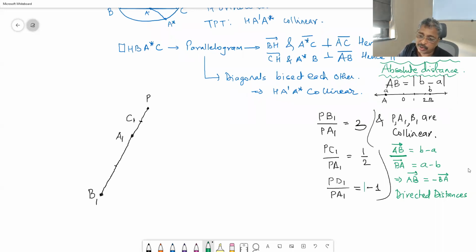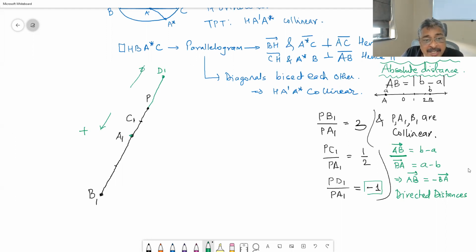And therefore directed distance AB is the opposite of directed distance BA. Therefore this ratio is very much possible because one of them is going to be negatively signed. Depending upon this direction being positive, you go in the opposite direction to search for D1. So whatever this distance is, you go in the other direction and get your D1.